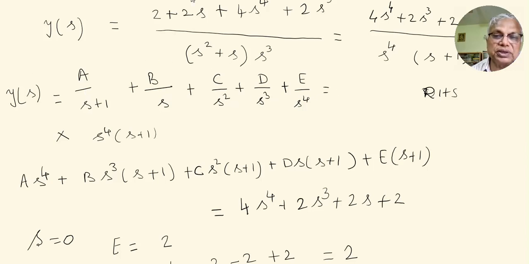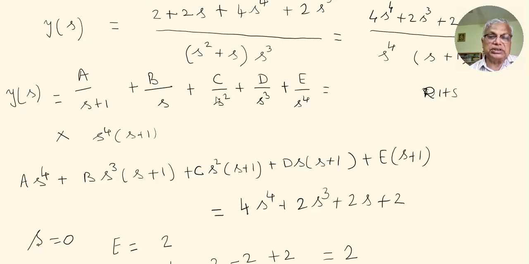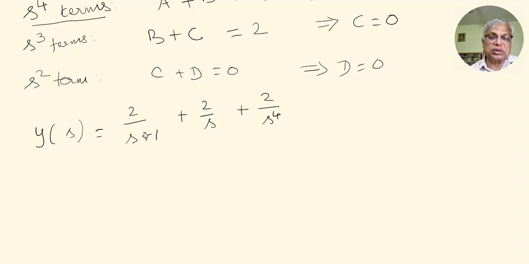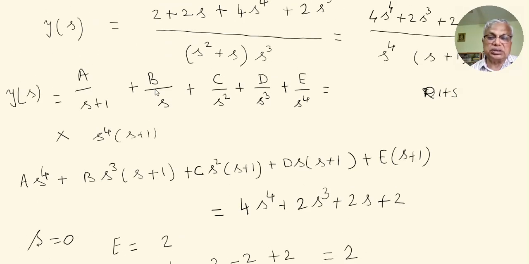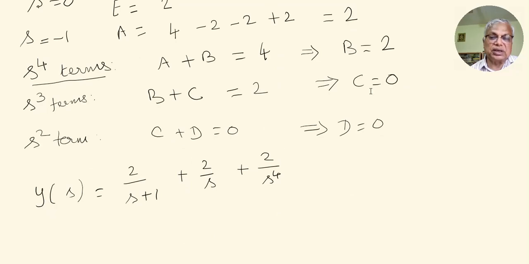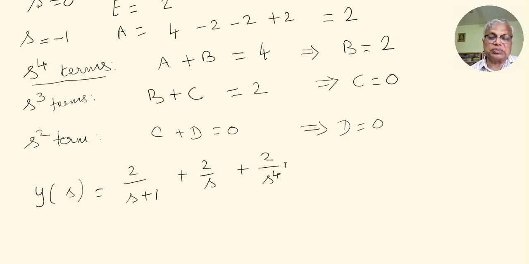When I substitute, a is 2 by s plus 1, b is also 2, so 2 by s, c and d are 0, so these two terms become 0. Then e by s power 4, e is 2, so again 2 by s power 4.